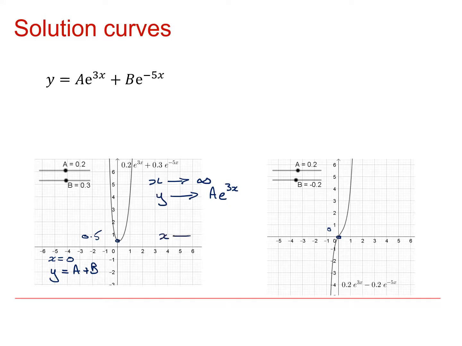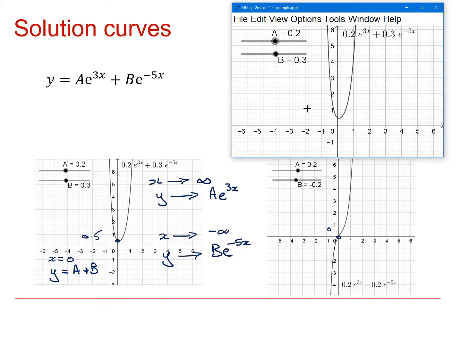And as x tends to minus infinity, then y will behave like the b e to the minus 5x. And in fact, in here, because b is negative, that means that the curve shoots off towards minus infinity. Let's look at a dynamic plot for that.